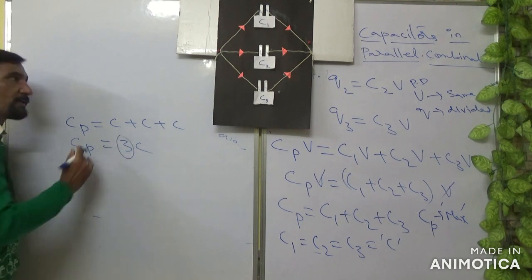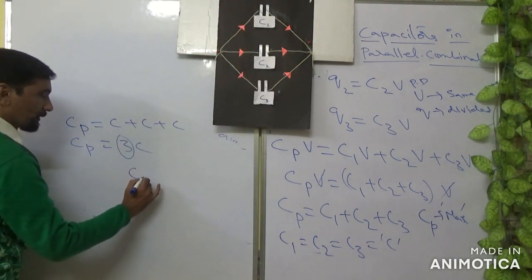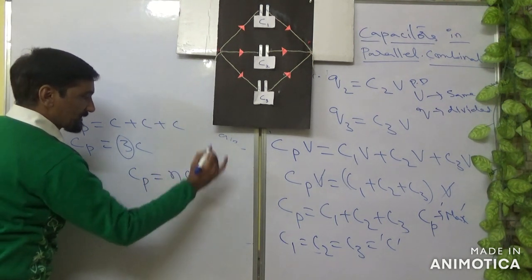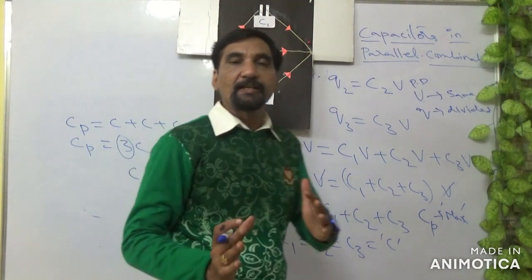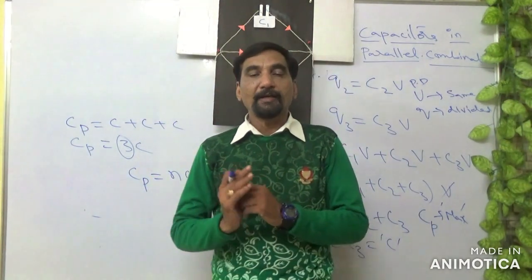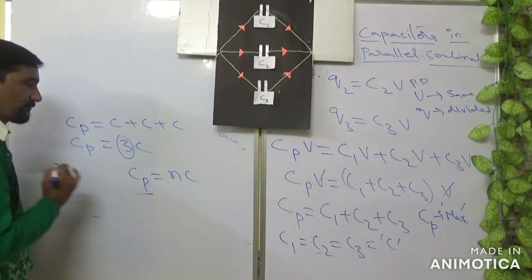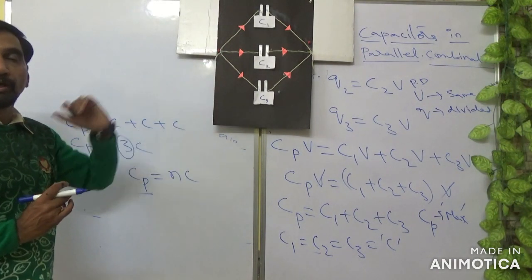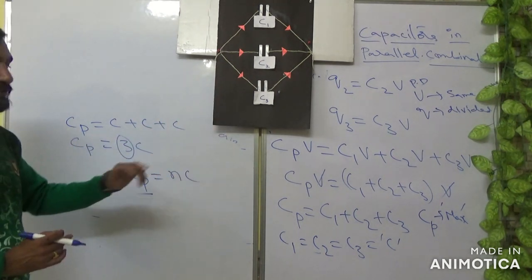Suppose instead of 3, you join n capacitors, then capacitance offered is nC. So remember, when n capacitors are joined in parallel combination, capacitance of the total combination is nC.